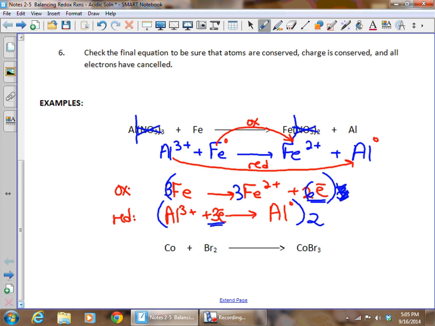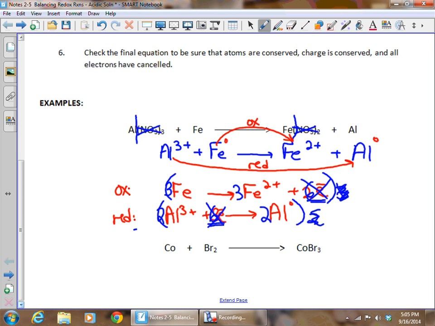For aluminum, we end up with 2 aluminum atoms, the 6 electrons being gained once again, and 2 for our aluminum ions. This must always result in the electrons being canceled. 6 electrons given off, 6 electrons gained. Those are going to have to equal out.